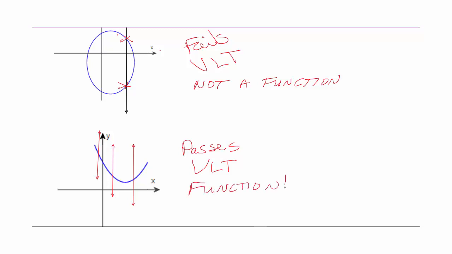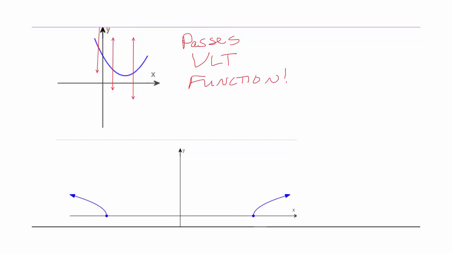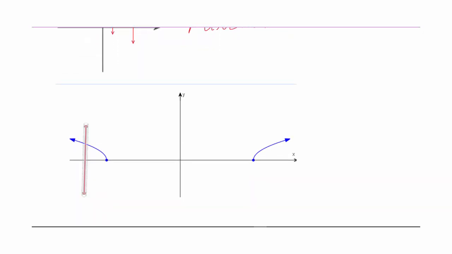It passed the test. Let's do one more here. This is an interesting one. This relation has two pieces. This is called a piecewise defined relation, and we are going to see if it's a function. Imagine drawing vertical lines through the graph.